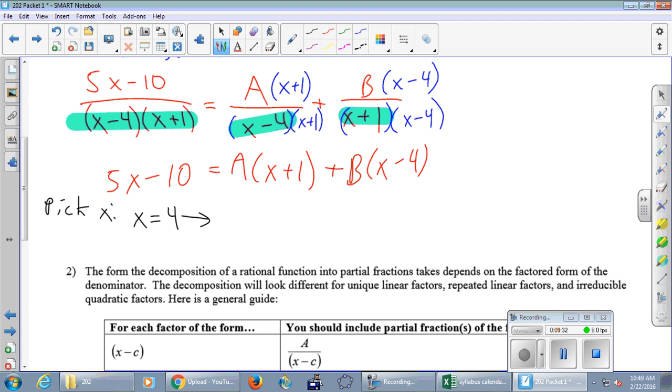So the left-hand side, 5 times 4 minus 10 is 10, equals, what's in the parentheses? 5. So 5 times a plus 0 times b. That was why 4 was a good thing to pick, because now it's obvious what the value of a is, right? It's 2.